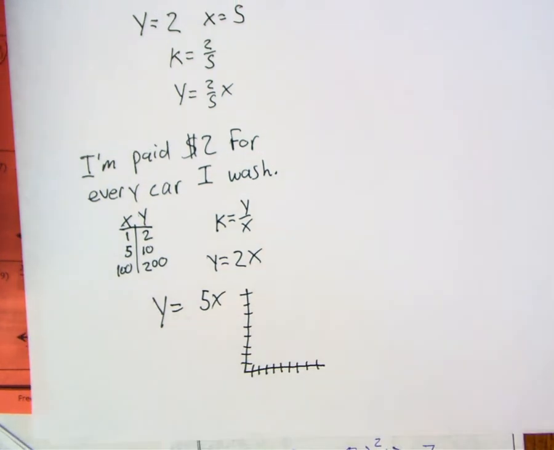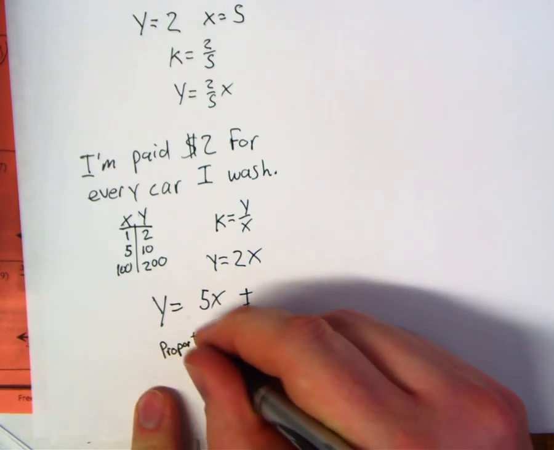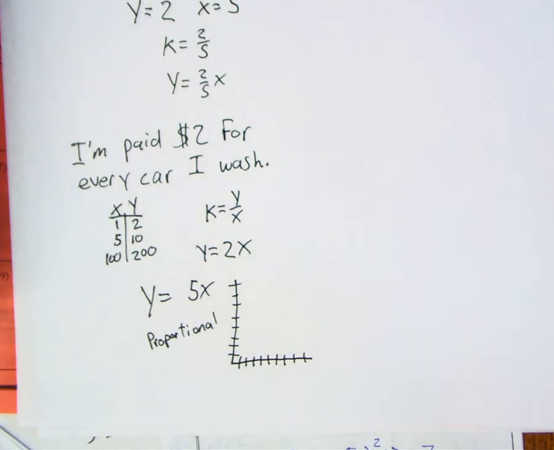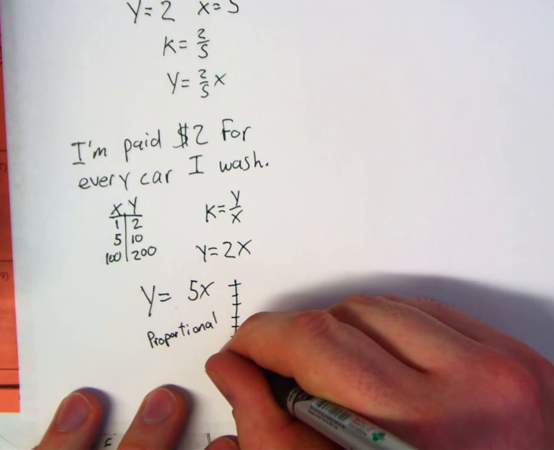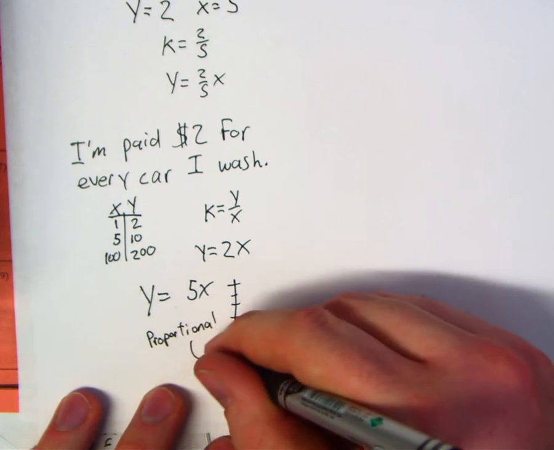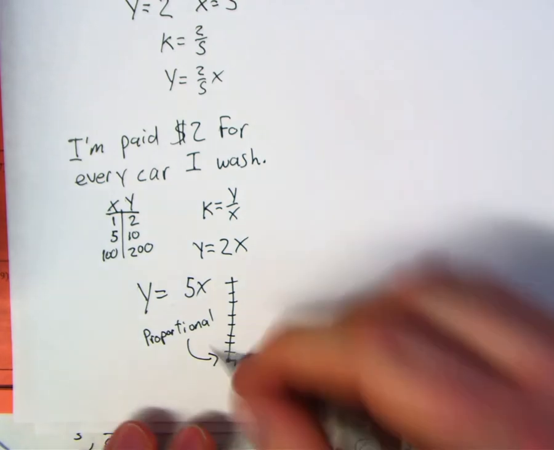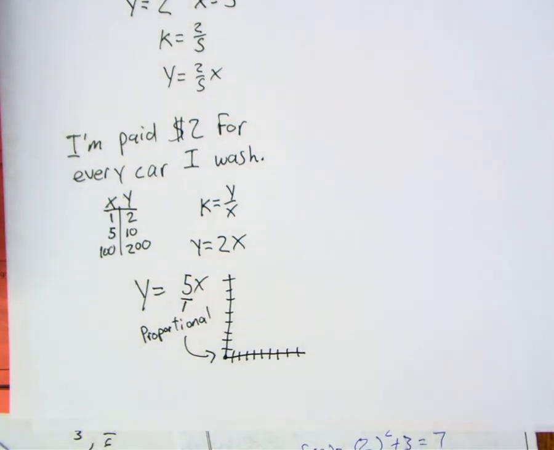And since this is proportional, and I know it's proportional because it is y equals some number times x and no extra stuff added on, I can make my first point right here at the origin. Right? And then after that, I'll say, well, 5, that's the same as saying 5 over 1.